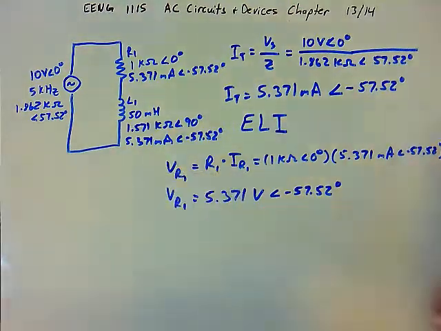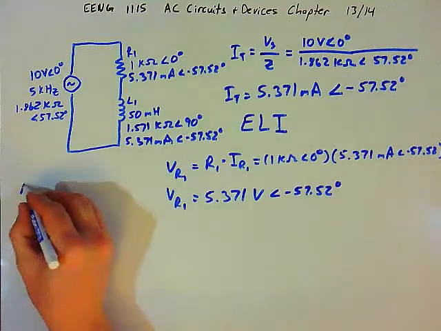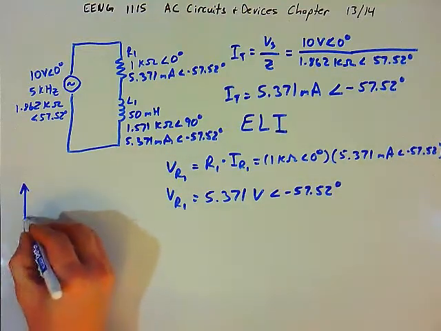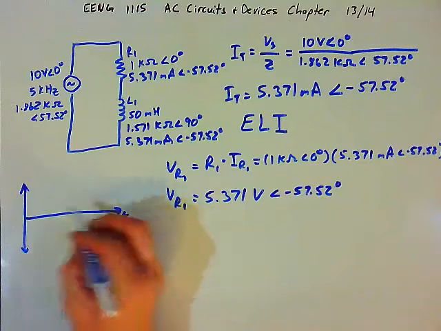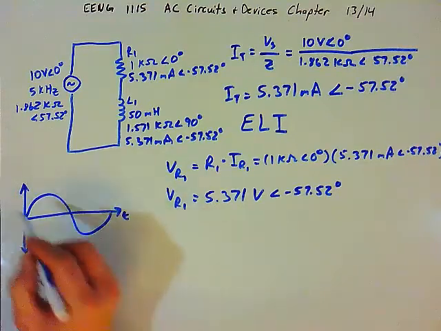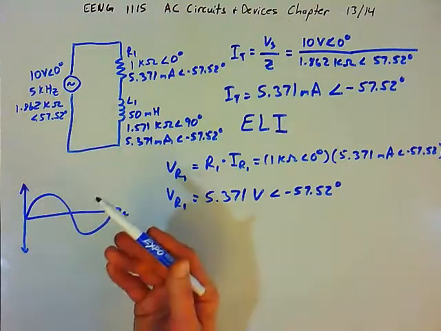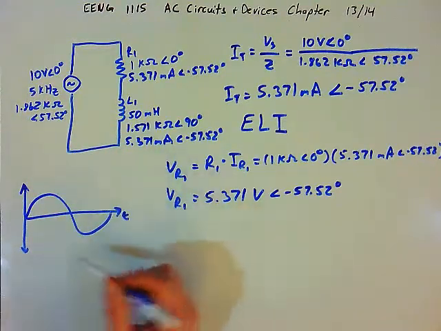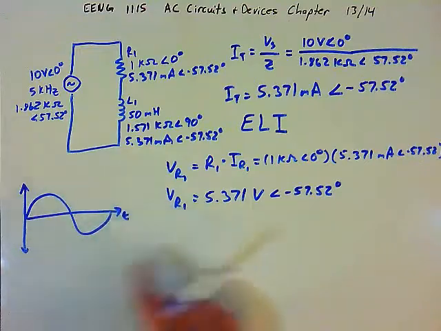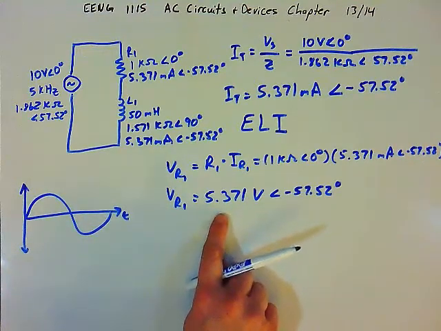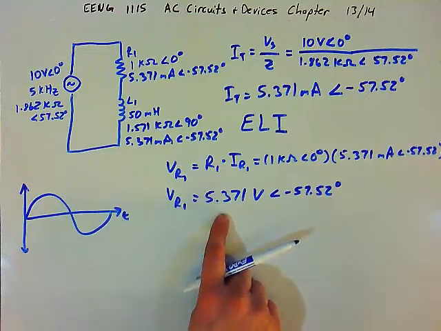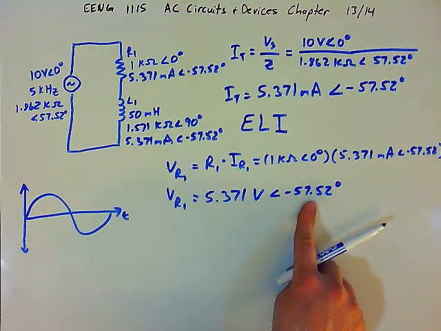And so what this means is that we see a total voltage that has an RMS value of 10. So the peak value is more than that, is 14.14. But the RMS value is 10 volts. And the voltage drop on R1 is going to be 5.371 volts, but it's going to be lagging by 57 degrees.